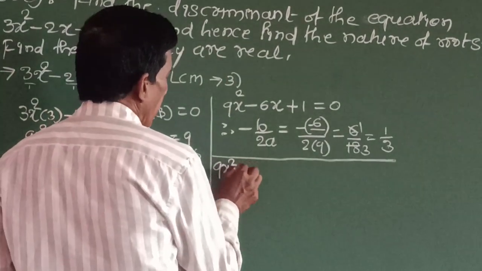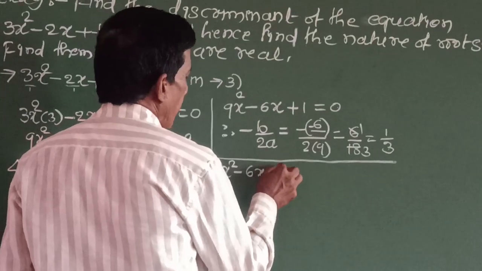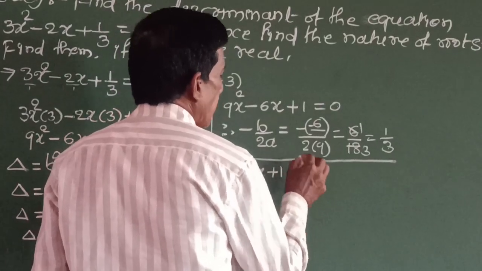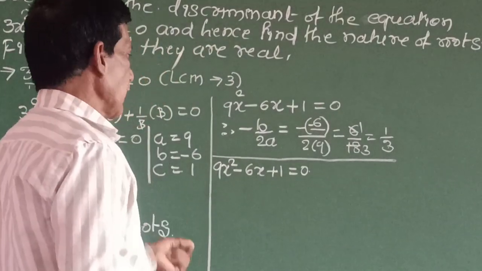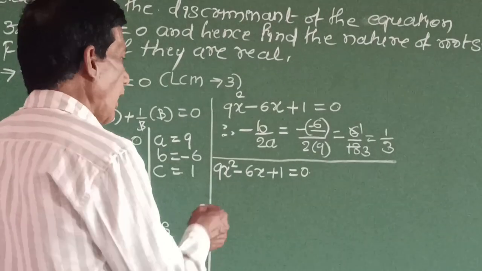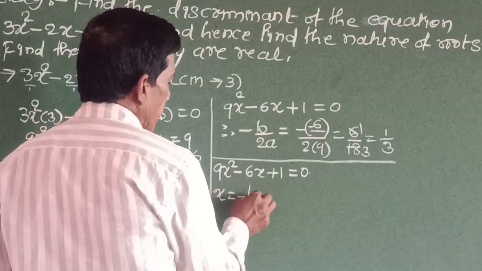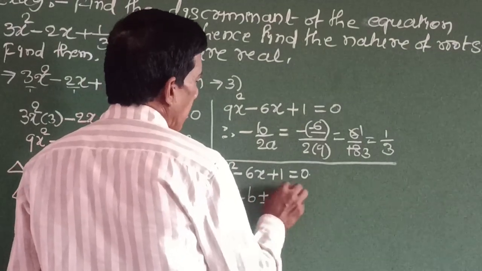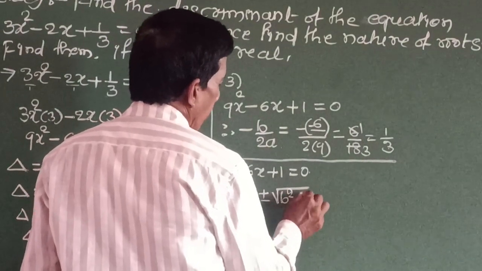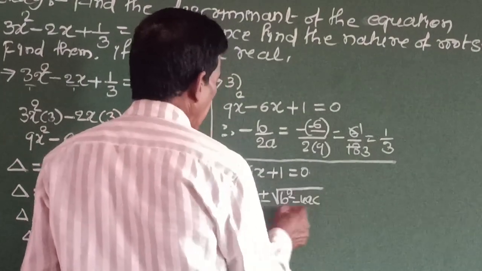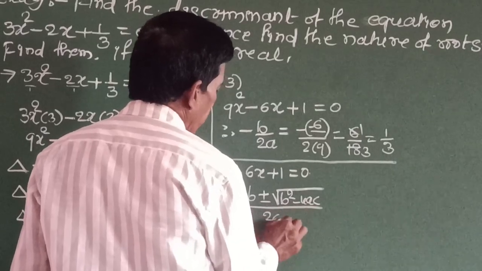9x square minus 6x plus 1 equal to 0. Use any one of the methods, or use the formula method. x equal to minus b plus or minus root of b square minus 4ac, all divided by 2a.